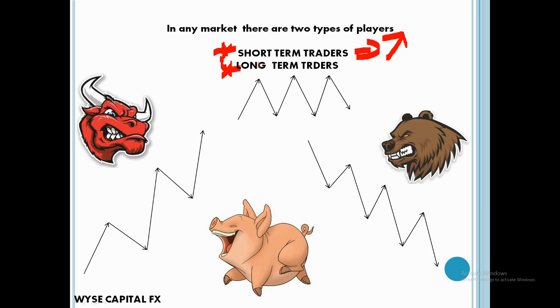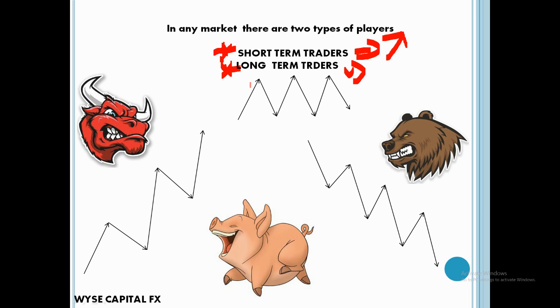These people tend to use a higher time frame for analysis, while short-term traders tend to stick to a lower time frame. So it makes more sense to spend some time and learn how the big players who control the price behave.